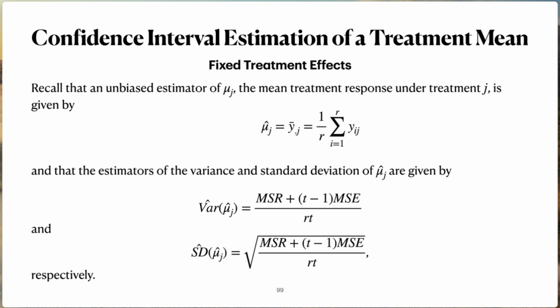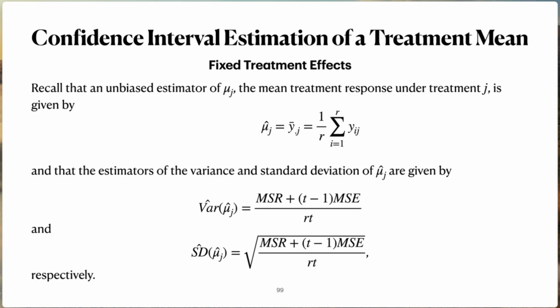So recall that an unbiased estimator of mu sub j, the mean treatment response under treatment j, is given by the mean of the sample of observations that have received treatment j. That is denoted by mu hat sub j. The estimators of the variance and standard deviation of mu hat sub j are, as we found previously, given by these expressions that have been expressed in terms of the mean square for blocks, MSR, and the mean square error, MSE.